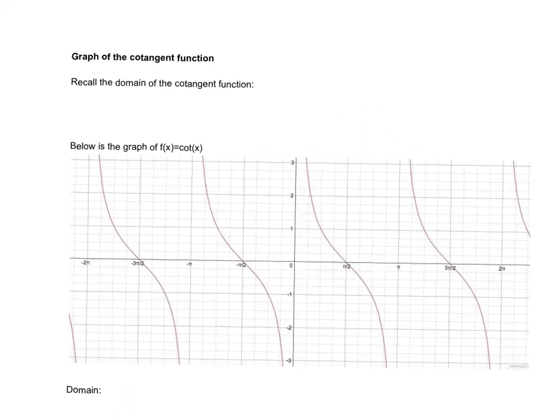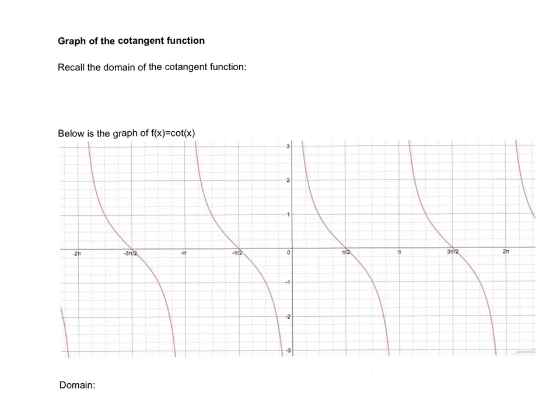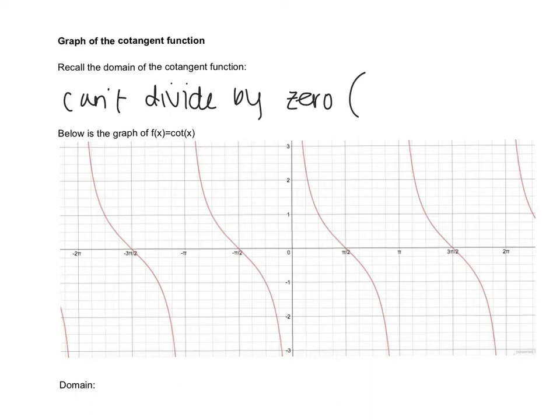Next, let's take a look at the cotangent function. Similar to the tangent function, for the domain of the cotangent function, we can't divide by 0. Because it's the reciprocal of tangent, we can't divide by 0 on the unit circle when sine is 0, which happens at pi and 2 pi.